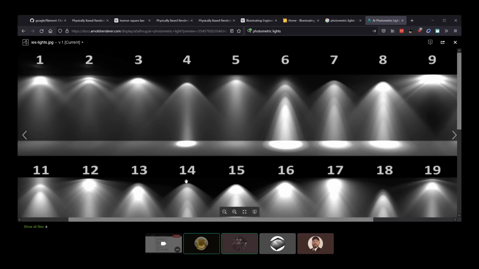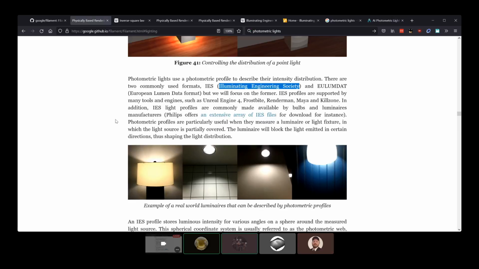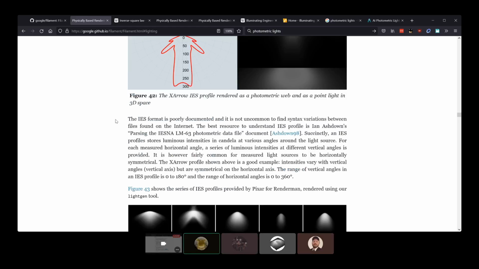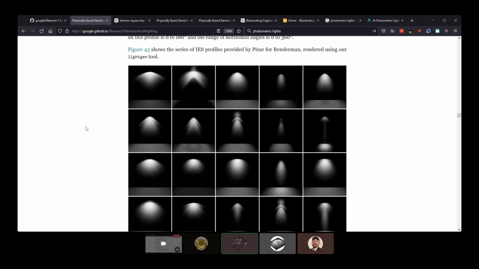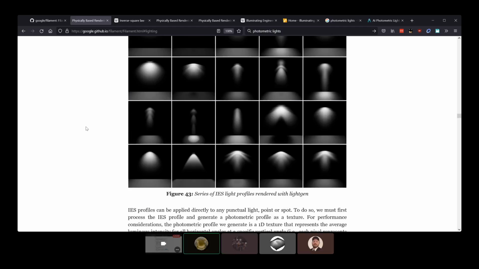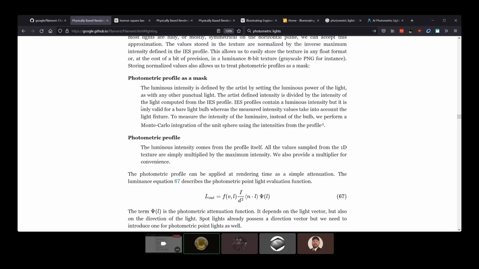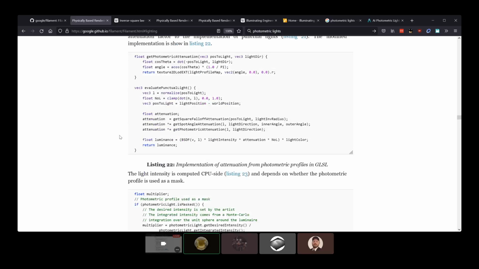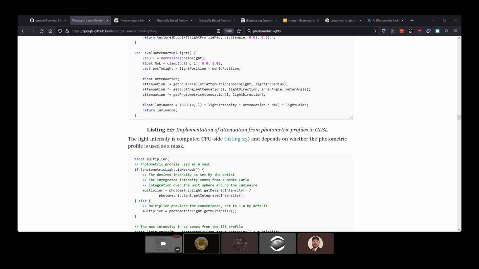And what Filament does for computing it, I guess, is they have a 1D texture that they sample based on the angle, and that's how they get the light intensity. So it's still in terms of that sort of dot product, not exactly dot product, but the angle between the light vector and the direction in which that light source is pointing. Yeah, because you can see it's basically a bunch of cones.